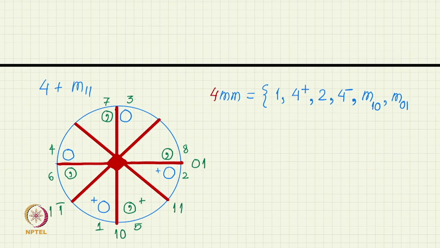And you have mirrors perpendicular to all these directions. So, 1 0, 0 1, 1 1, 1 bar 1.